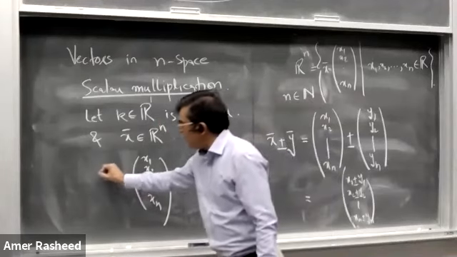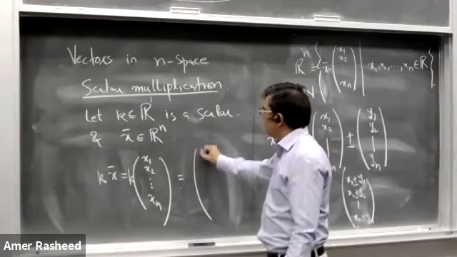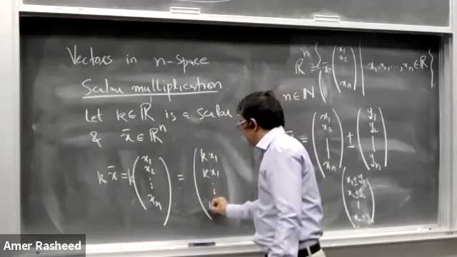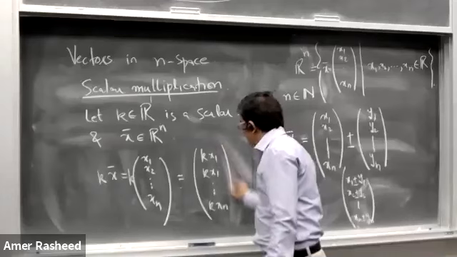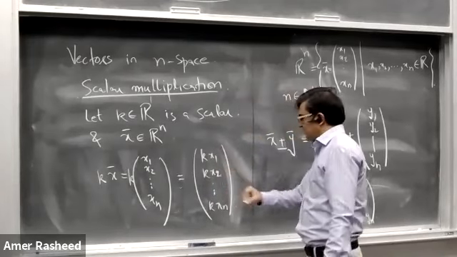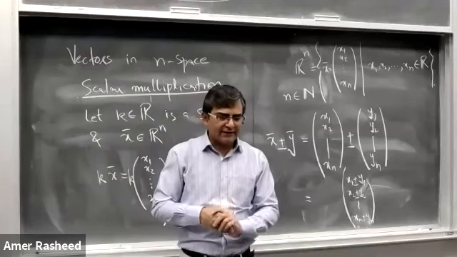We multiply the scalar with each component of that vector. So this will be k times x1, k times x2, and so on, k times xn. This is called scalar multiplication of the vector by a scalar.